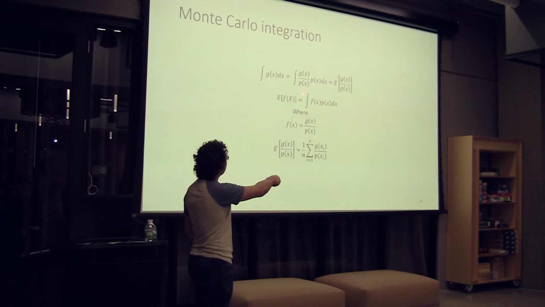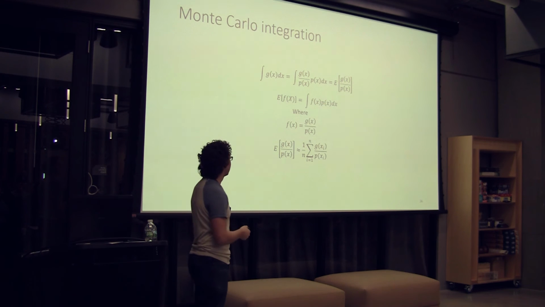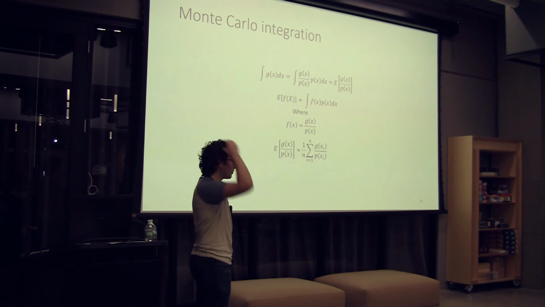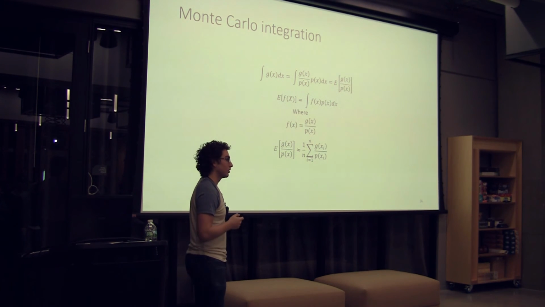So what I'm saying is we're using this trick here, where we have f of x times p of x, and if we set f of x to be g of x divided by p of x, then if you just plug in this f of x into this equation, you get this. Yeah, but that's multiplied by p of x.